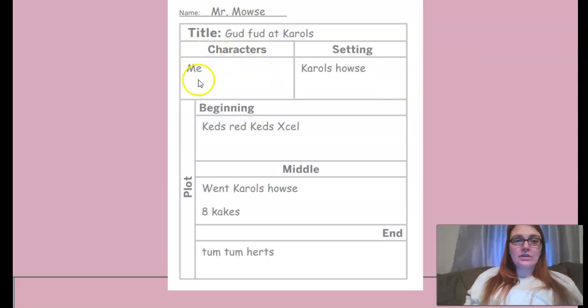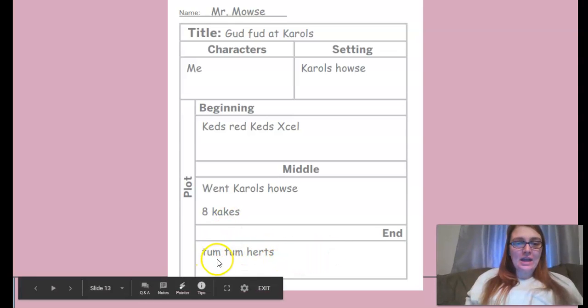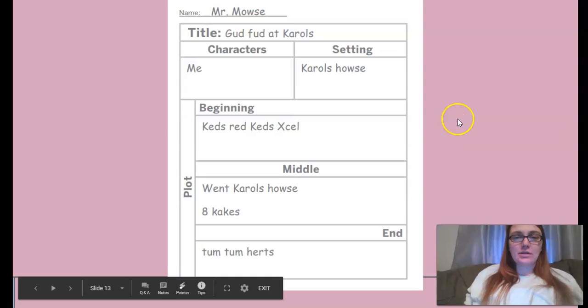Then the characters, he says me, so that means Mr. Mouse is the character. The setting is Carol's house, which makes sense. In the beginning, kids read, kids excel. In the middle, went to Carol's house, ate cakes. Now we know Mr. Mouse is not the best speller, so excuse that. And at the end, Tom hurts.